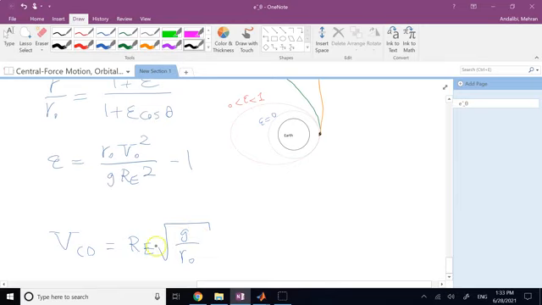If we make it a little bit bigger than this, they're going to go elliptic, which at some point they're going to get far away from the Earth. At some point they're going to get closer to the Earth, which could not be as useful as if they keep a constant distance from the Earth. So this is an important velocity here.